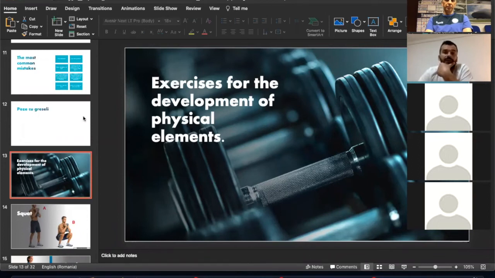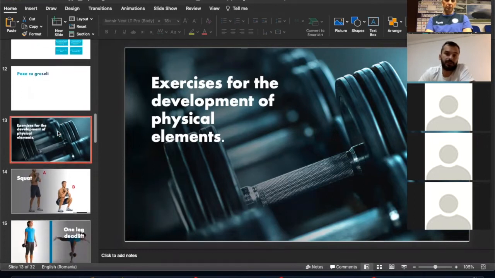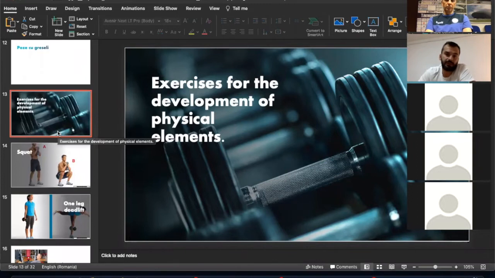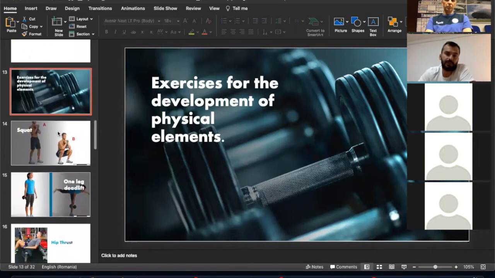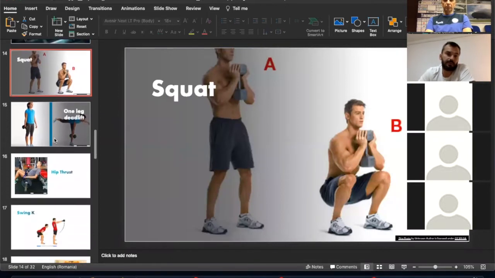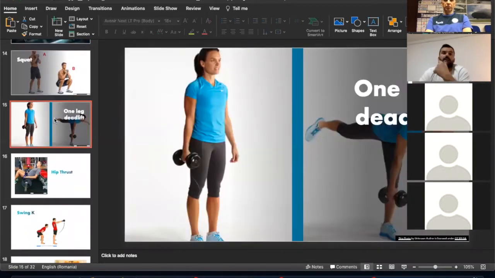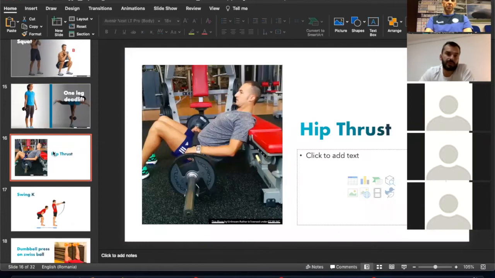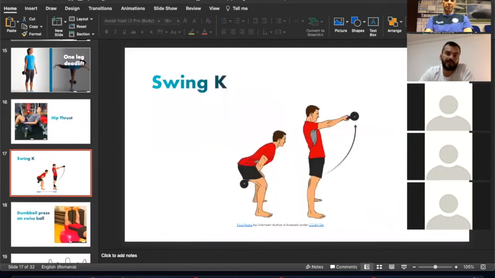The physical part that I do with the pivots, the exercises that I use most to develop strength and power: I do squats. Deadlift is very important when somebody pushes you, to decelerate and not let them push you. Hip thrust, a lot of exercises.